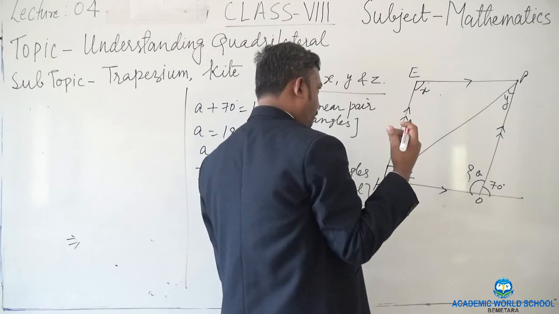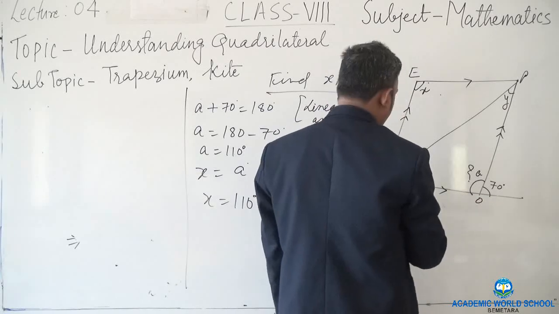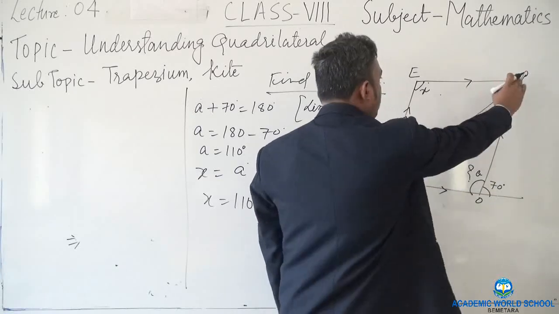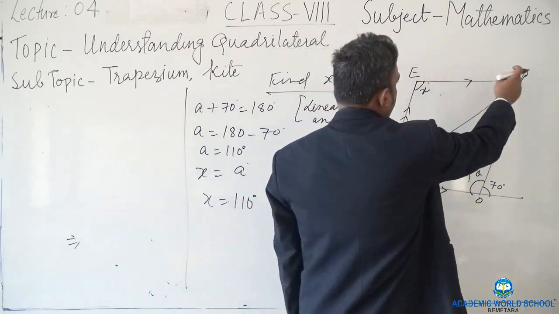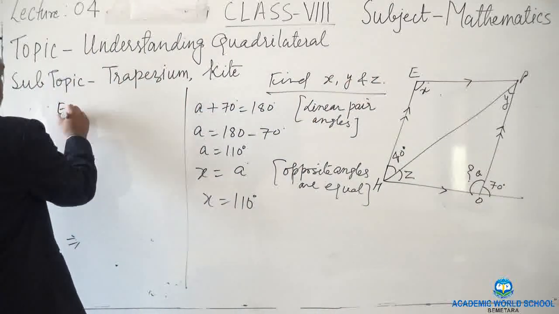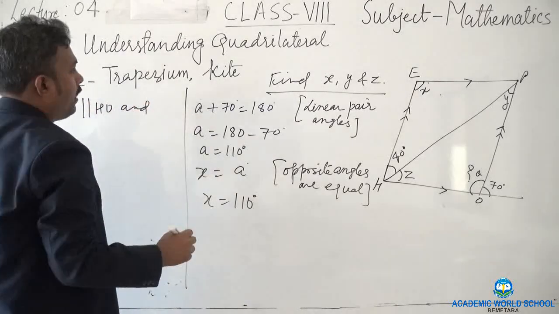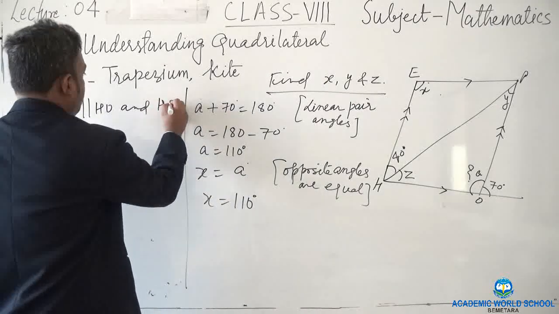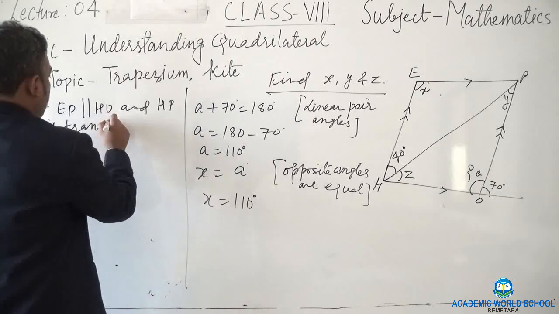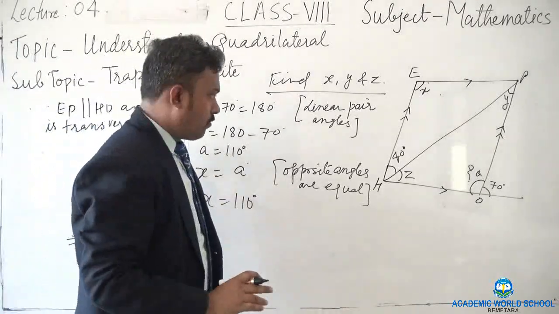See that EP is parallel to HO, and HP is transversal. Okay, HP is transversal. So what happens?